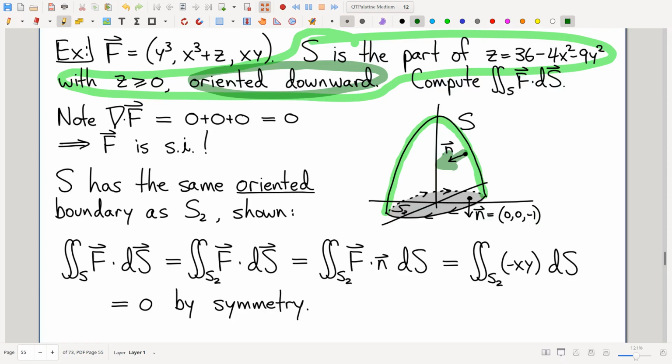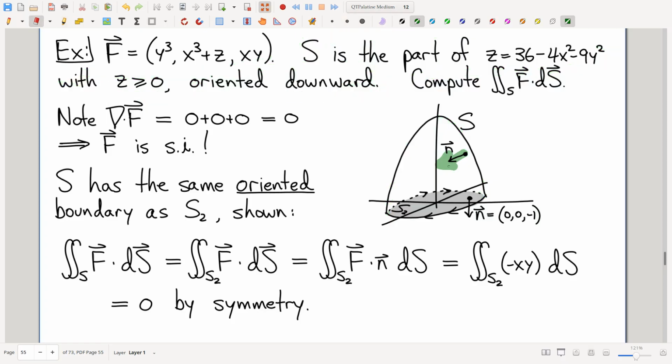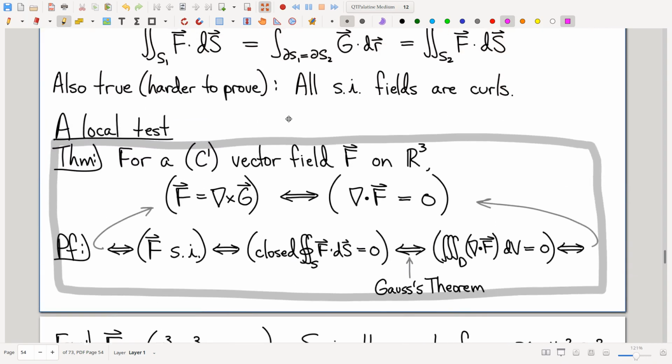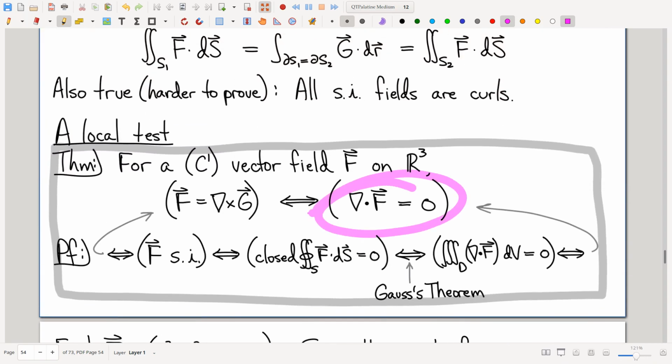Let's see how we're going to compute this flux. Well, let's use our shiny new tool. We're going to compute the divergence, which works out really nicely. The divergence is 0. We remind ourselves then, when the divergence is 0, your vector field is surface independent.